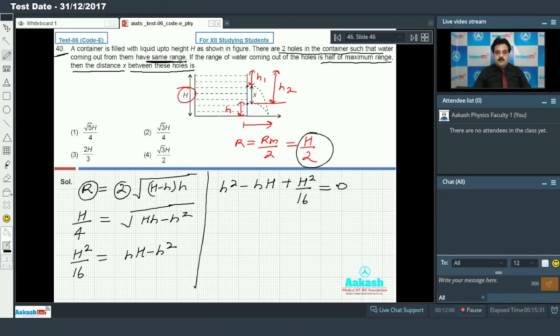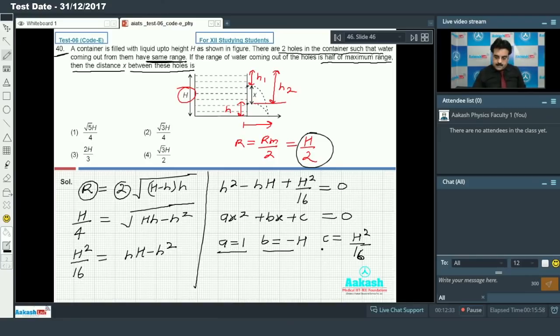is equal to 0. So this equation is just like a quadratic equation, ax squared plus bx plus c equals 0. If I compare, a is equal to 1, b is equal to minus H, and c is equal to H squared by 16, and x is equal to small h.